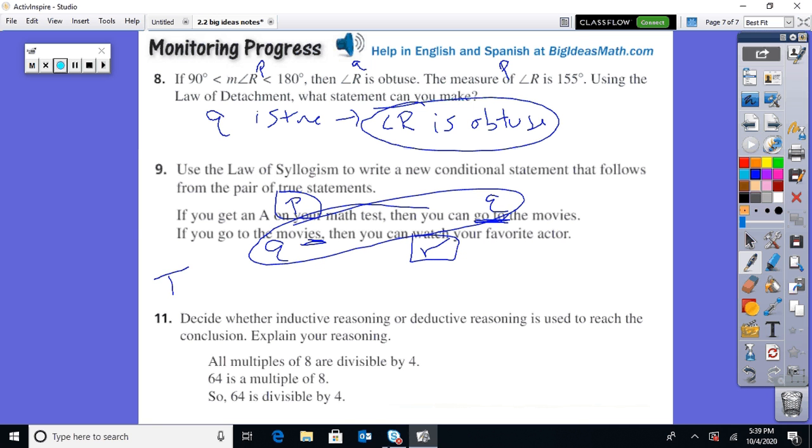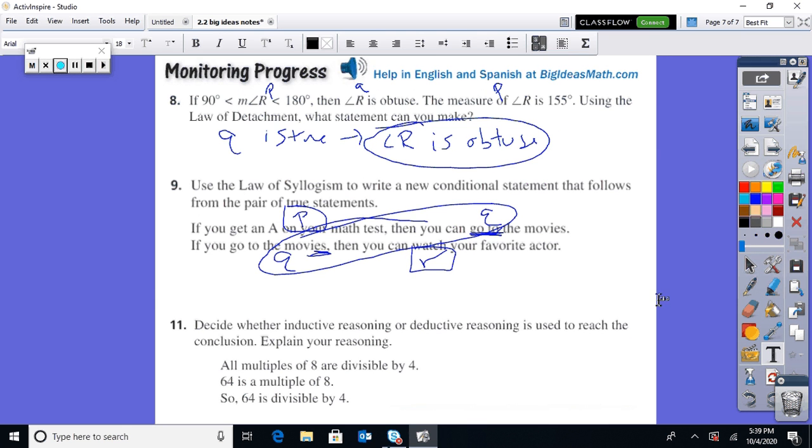So I can say that if you get an A on the math test, oh, this is a mess. It's so hard with this pen sometimes, party people. I'm just going to type it.